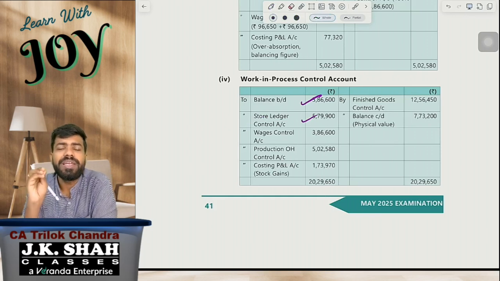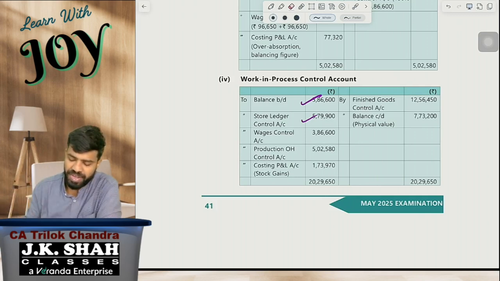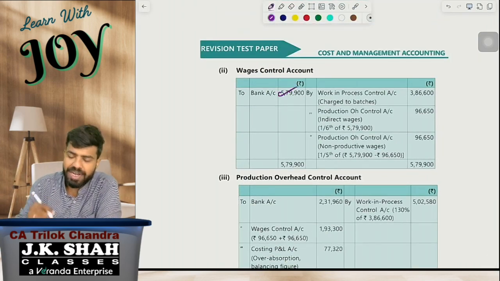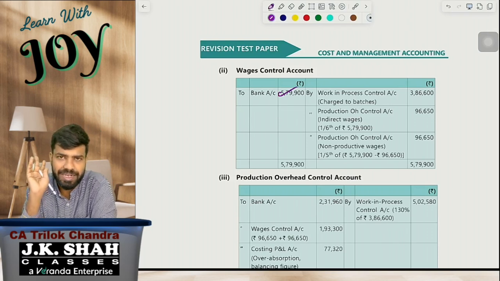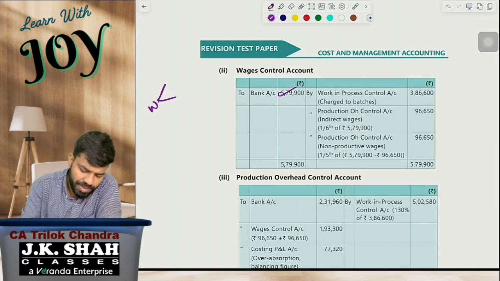Next, total wages paid. First, we have to write the payment entry. What is the payment entry? Wages control account debit to bank, 5,79,900. Okay, next. 1/6 being indirect. Please understand, whenever it comes to wages, there are two types: direct wages and indirect wages.